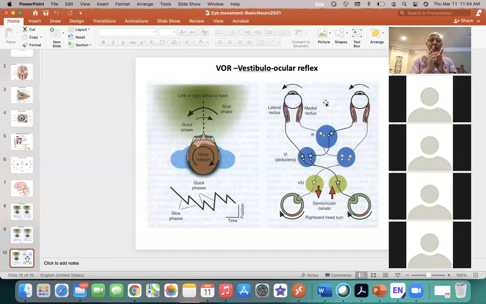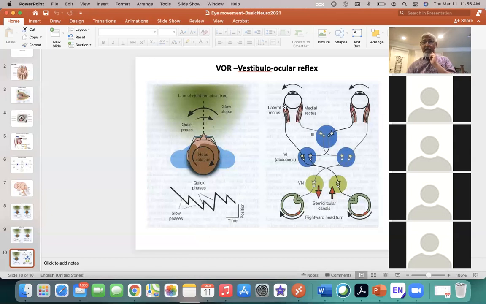One eye is moving left, the other eye is moving right. One eye is moving in the lateral direction, the other eye is moving in the medial direction. Okay, like this one. So look at this one. The solid lines here are active, and the grayed lines are the ones that are not active. So if this one is sending signal, it will go to the abducent of the other side. So this abducent is LR6, lateral rectus, right?